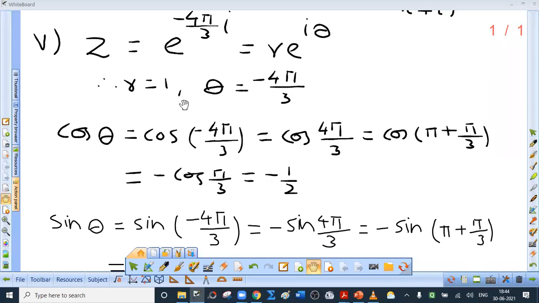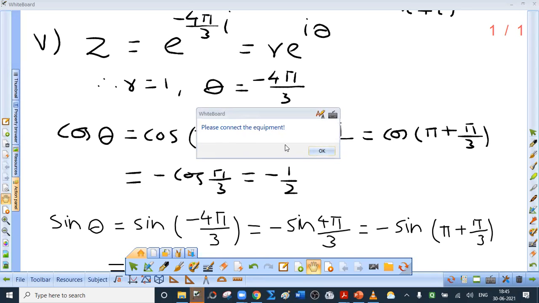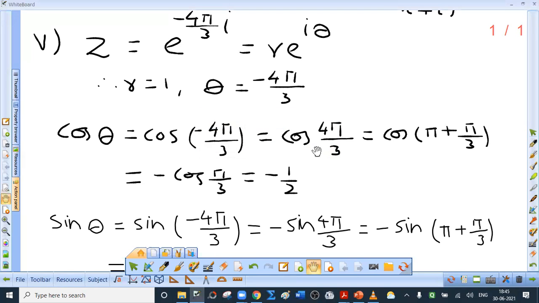Right now, I'll explain sum number 5. Actually, sum number 5 is 1 minute. Yes. So compare to get theta as minus 4 pi by 3. Now you have to assume this. I'm telling you one more time because we haven't done trigonometry, and I'm definitely going to take this part again once we complete trigonometry.